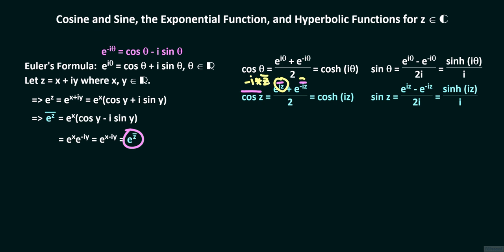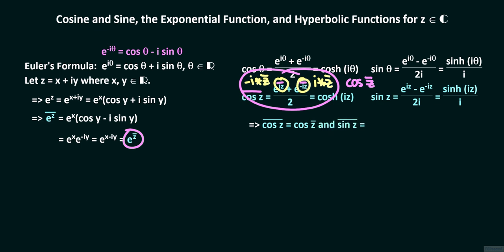And the conjugate of minus i times z is i times the conjugate of z. This result is the cosine of z conjugate, so that the conjugate of cosine z equals cosine of z conjugate. Using the same idea, we should be able to show that the conjugate of sine z equals sine of the conjugate of z.